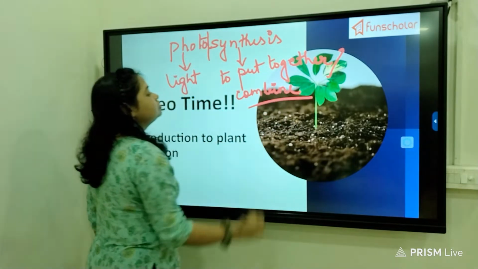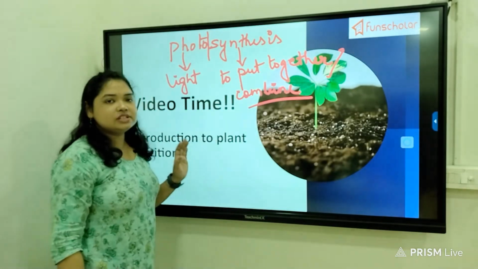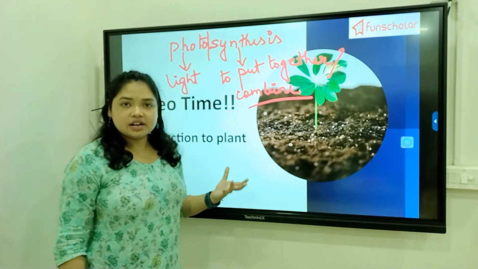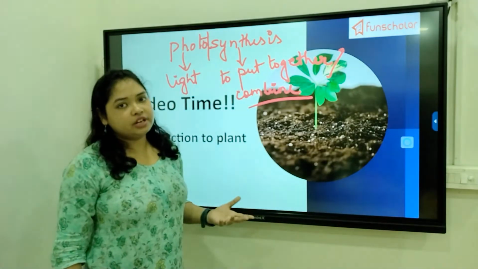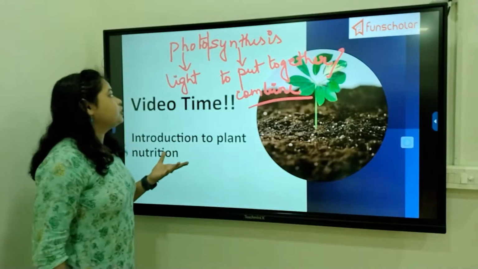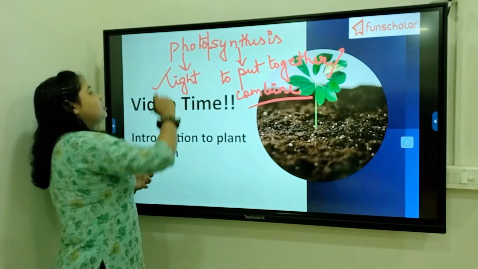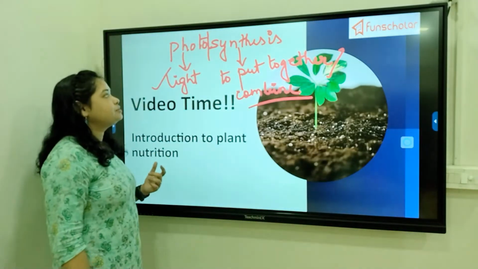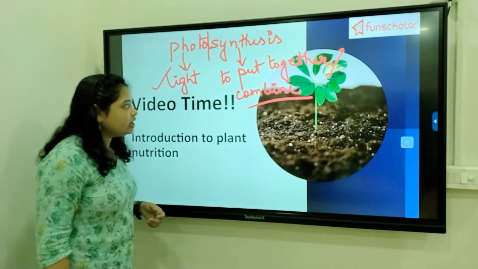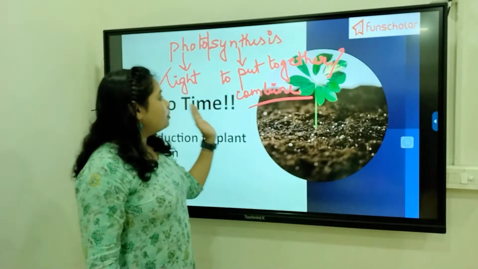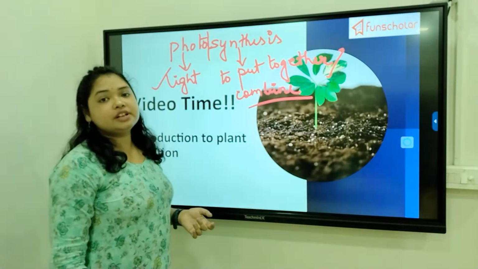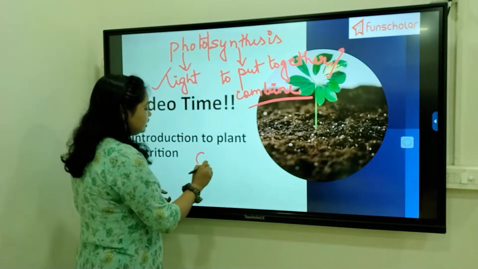So photosynthesis is the primary process from which plants gain their nutrients, and in this process the presence of light is mostly needed, otherwise this process cannot be executed and the raw materials are put together or combined. Now what are the raw materials for photosynthesis?